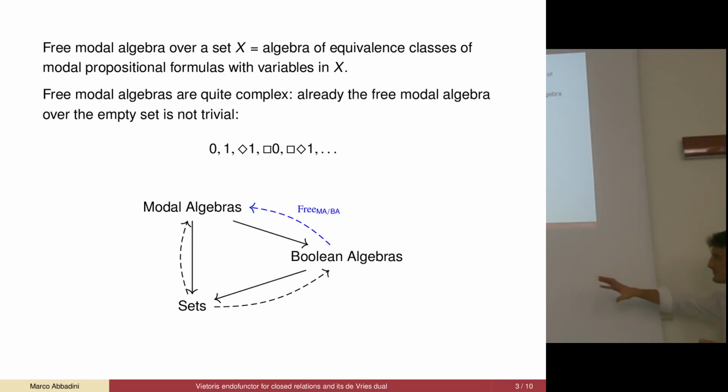And as a first passage, we can break this free functor into two free functors, one from sets to Boolean algebras, and one from Boolean algebras to modal algebras, which are left adjoint to the forgetful ones. And this is easily understood. The one that requires a bit more of a study is how to add freely modalities to Boolean algebras.